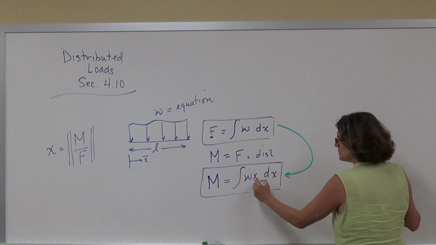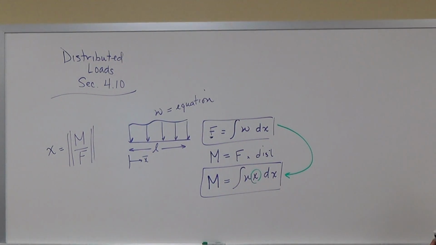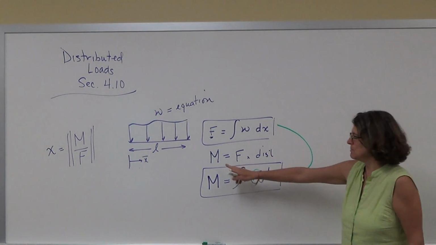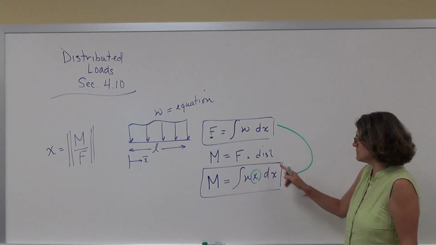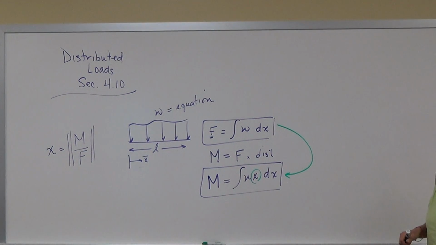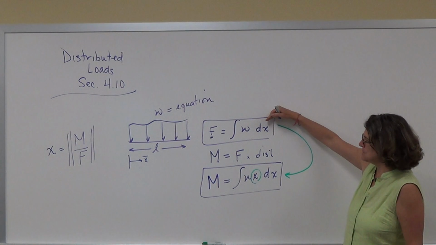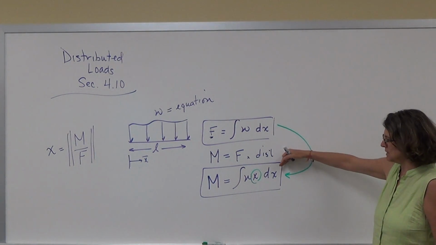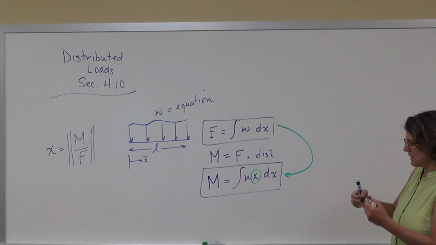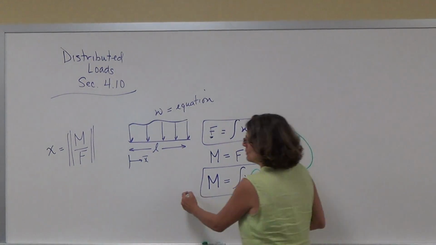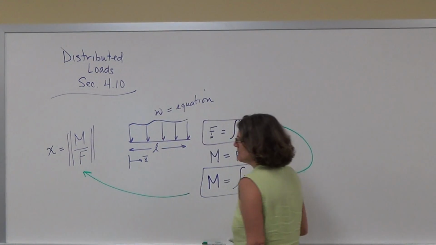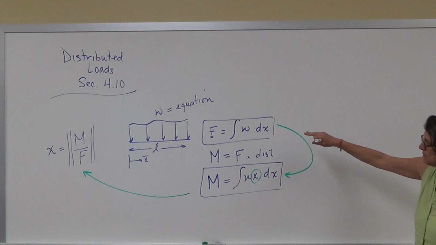The only thing I did is add the x in there. Doesn't it make sense? Because a moment is a force times a distance. So once I calculate the force by integration, and once I calculate the moment by integration, can I then solve for my centroid? I just divide the moment by the force.